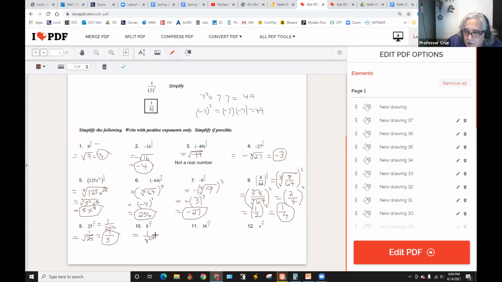So let's see, then that's going to mean 1 over cube root of 8, all squared. So the cube root of 8 is 2, and then squared is 1/4.